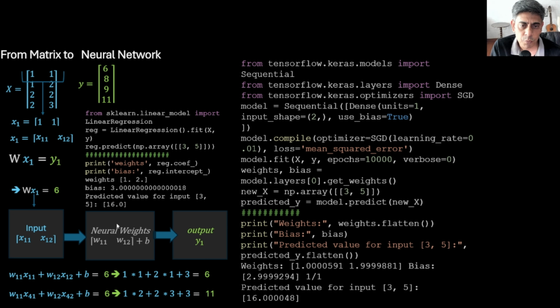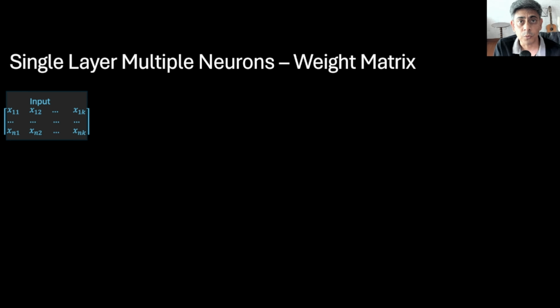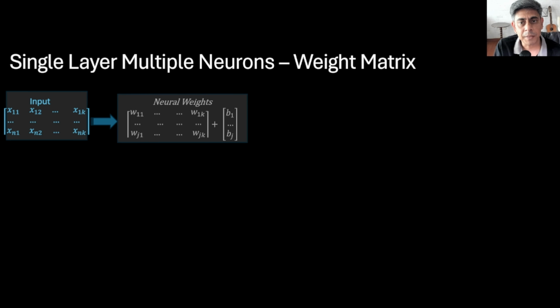which proves that it is doing the same operation inside, which proves that the neural weights are also the same matrix. You have this W1 and W2 inside, which once you are doing this multiplication with W11 and W12, is giving you this result. It shows you the internals of the neural network, how it is working, right? We had taken only one W, but what if I have multiple W, which means that I will have multiple neurons.